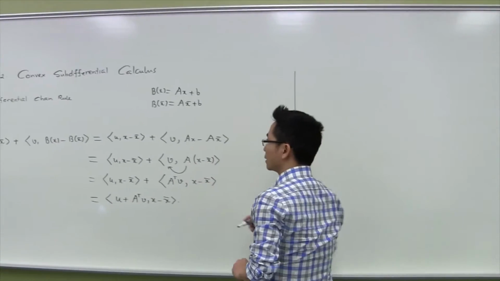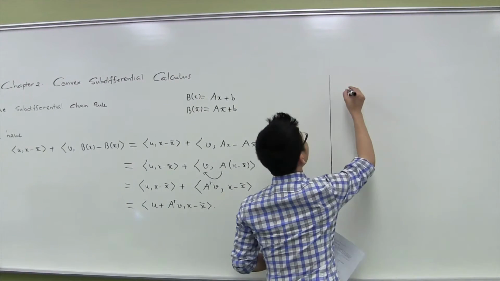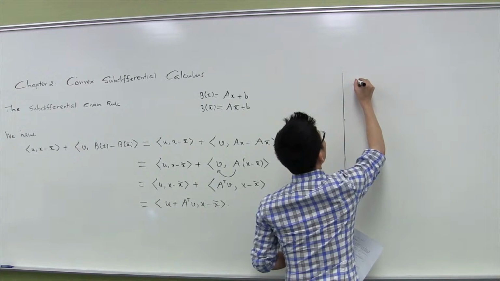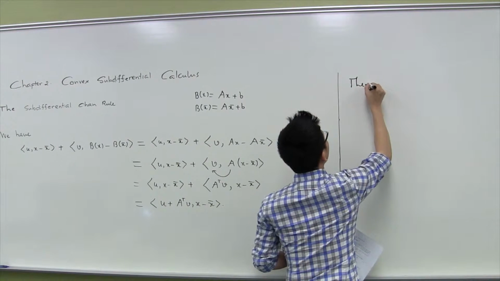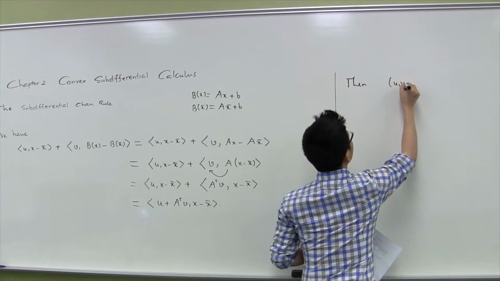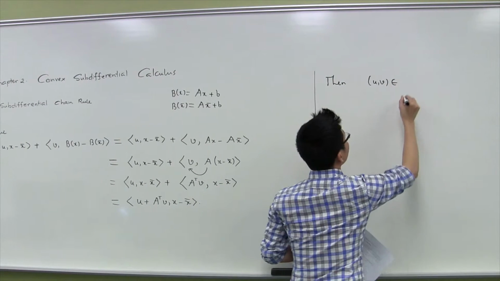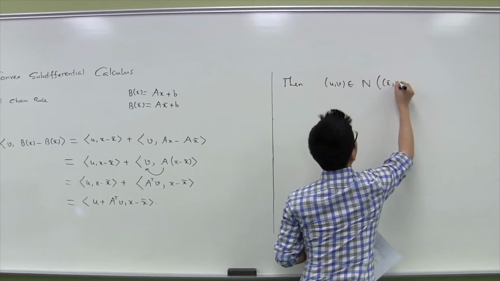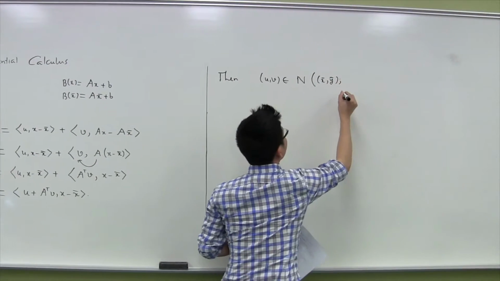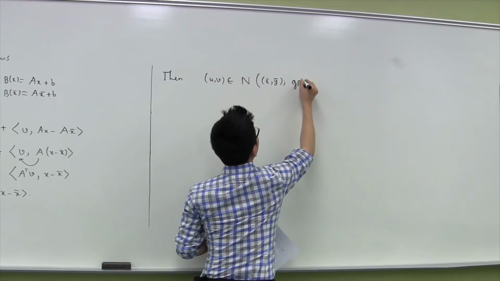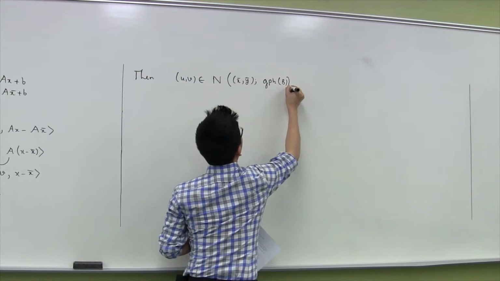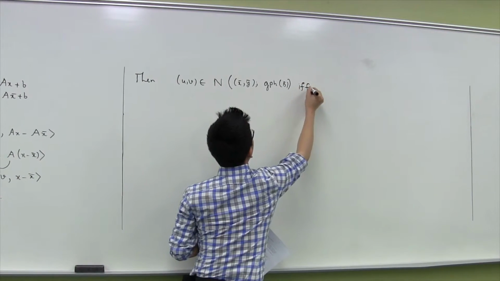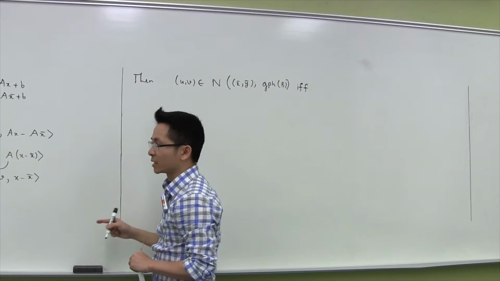Using this formula, we have the following. Then (u, v) belongs to the normal cone to the graph of the function B at x bar, y bar if and only if the following condition is satisfied.